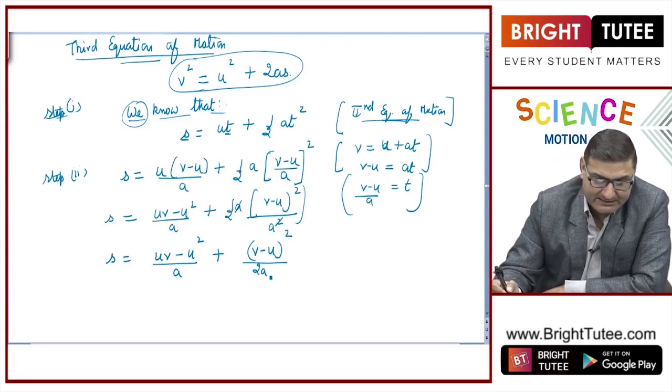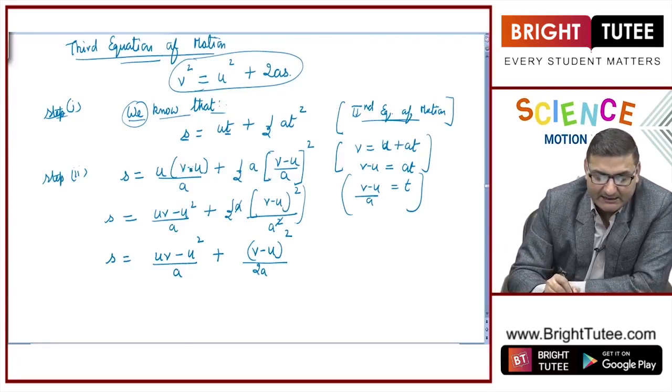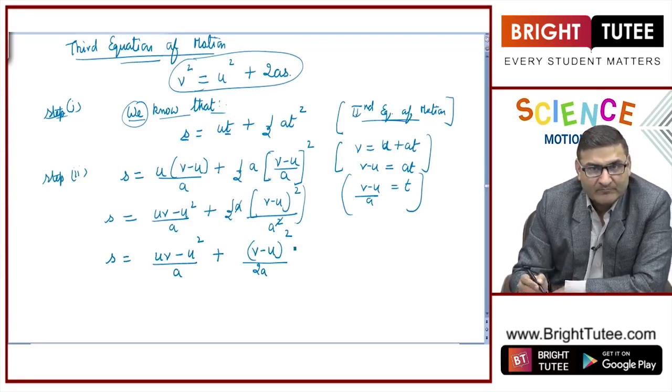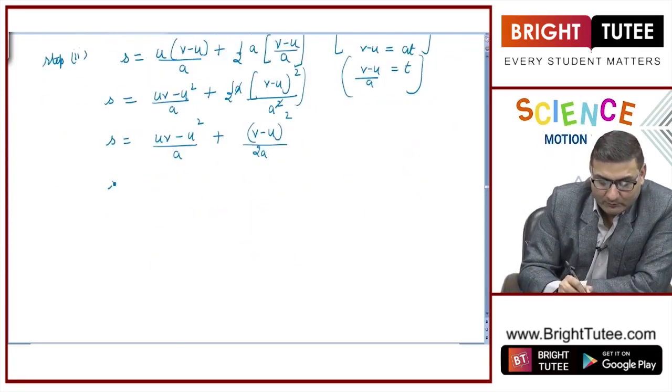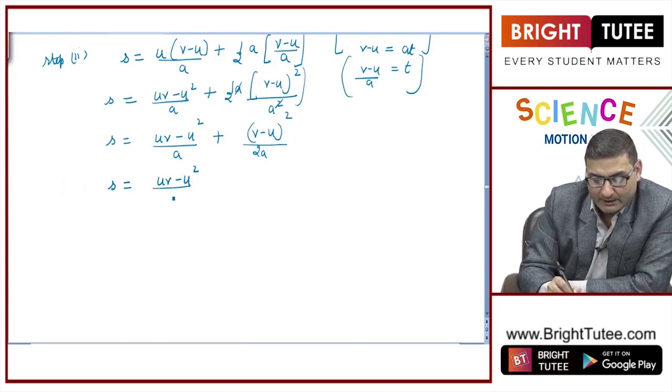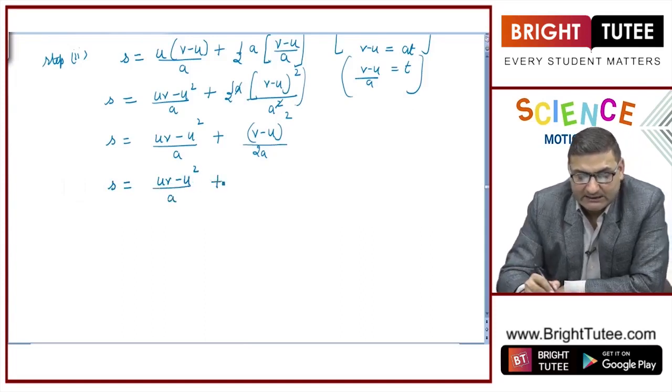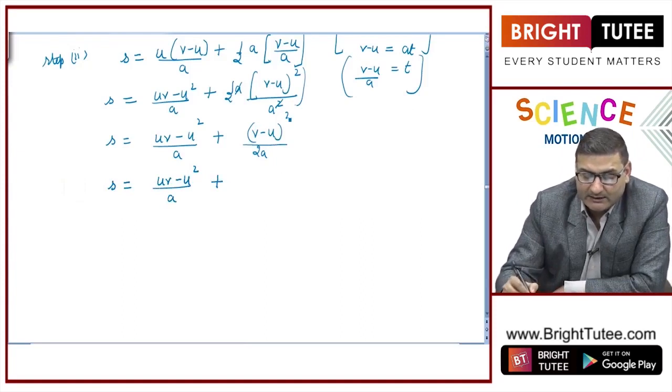Now there were two options actually. First was I do not open up this bracket, and if this bracket remains there, then we can see that v minus u can be taken as common. Or second option is the way I have been doing, (uv minus u square) upon a plus (v minus u) whole square upon 2a.